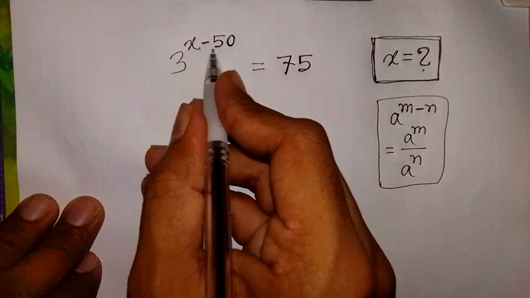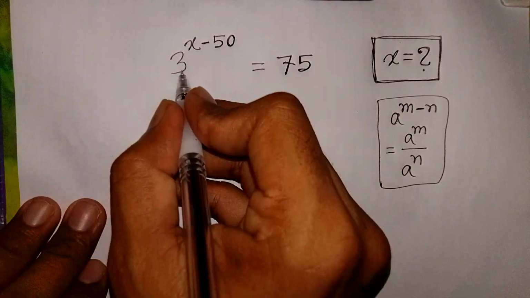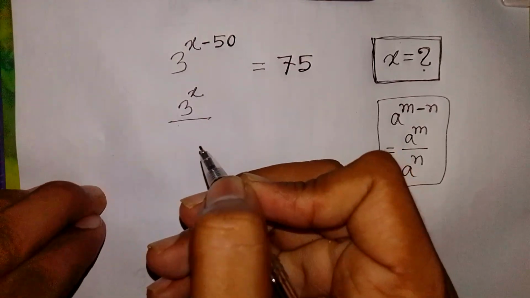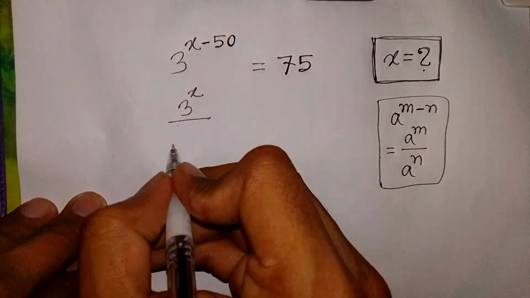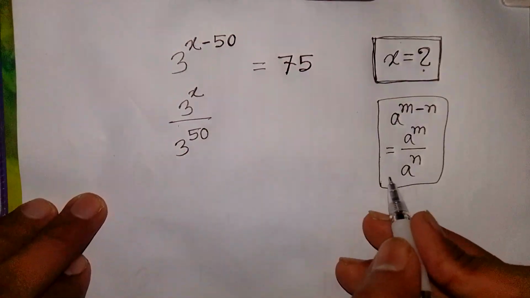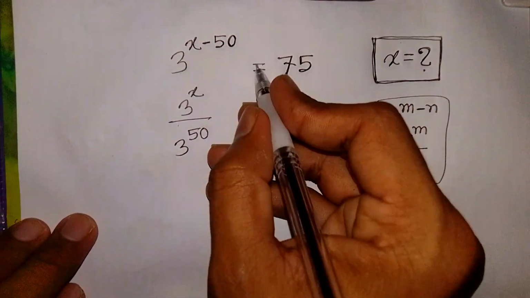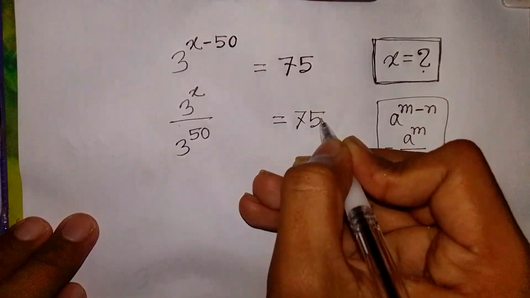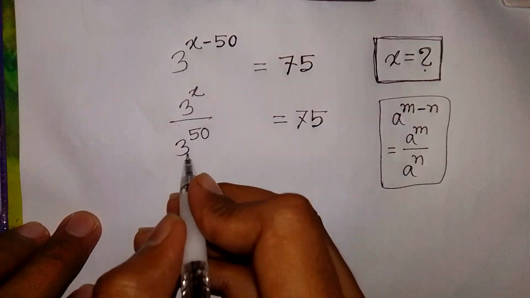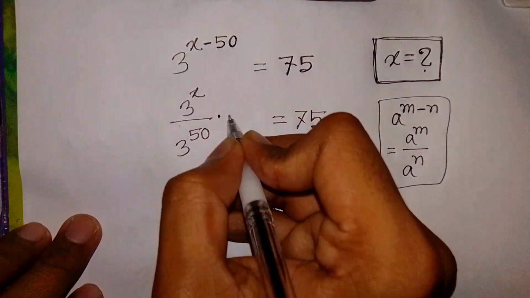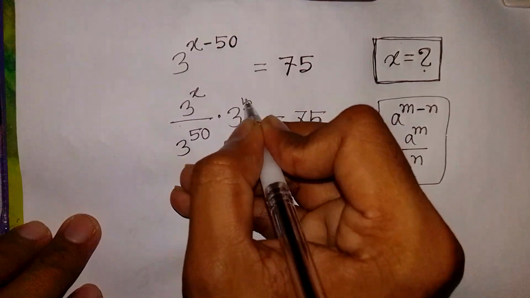So here 3 power of x minus 50 is the same as 3 power x over 3 power 50, according to this formula. Then here is equal to 75. Now we multiply by 3 power 50 on both sides.